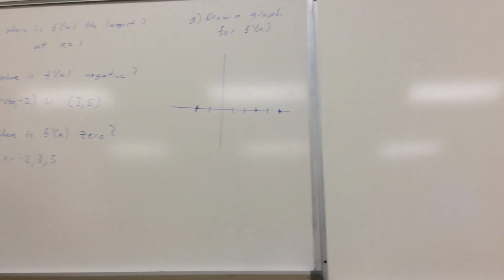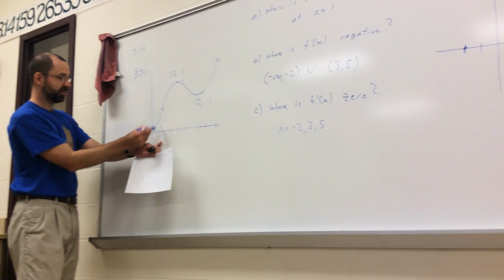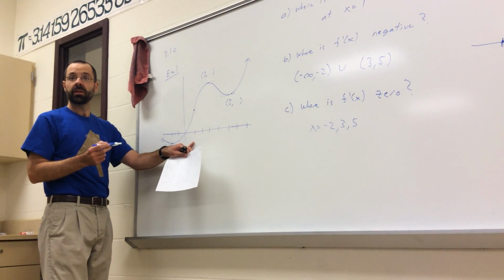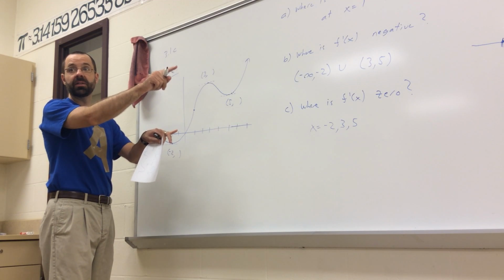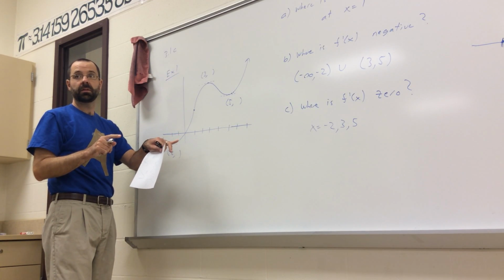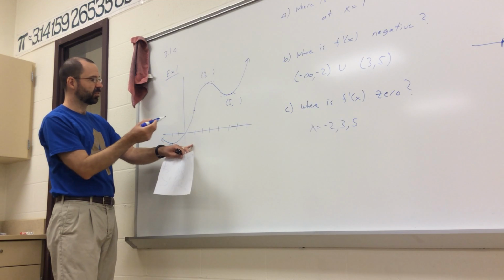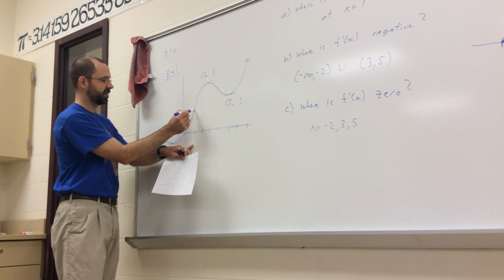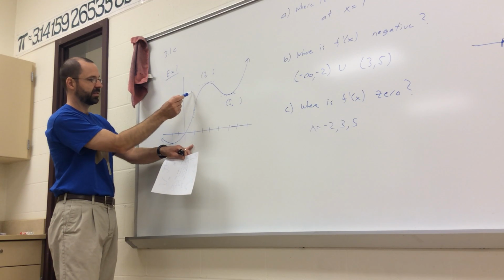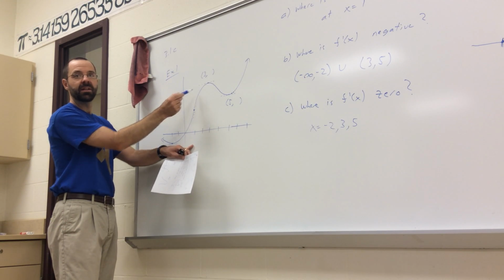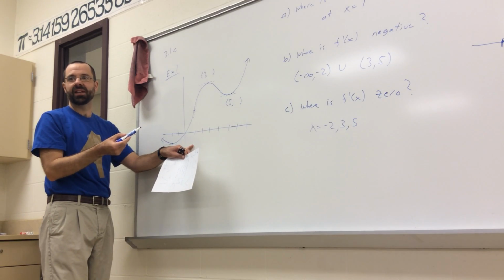I also know that my steepest slope was right here at 1. So that means my biggest value over there needs to be at 1. I'm not sure what it is, but I'm just going to draw the tangent line in there. It looks like to me maybe this is going up 4 over 1. This is not an exact science.